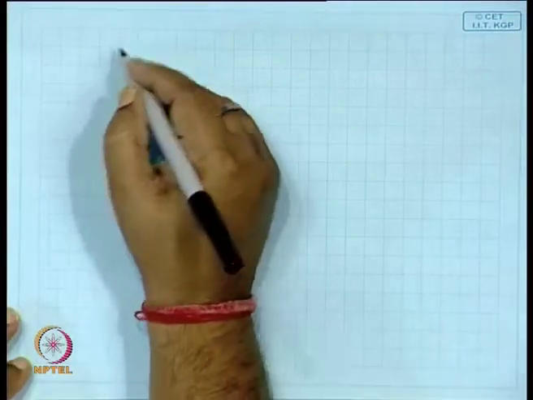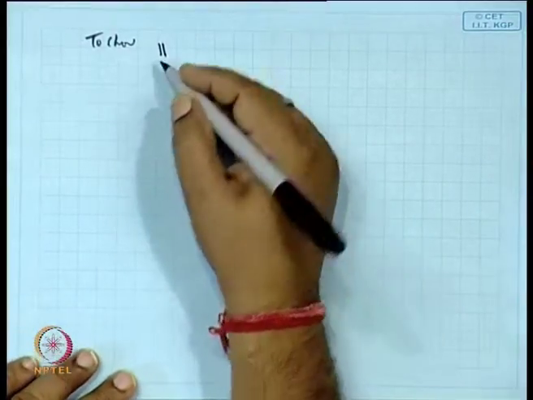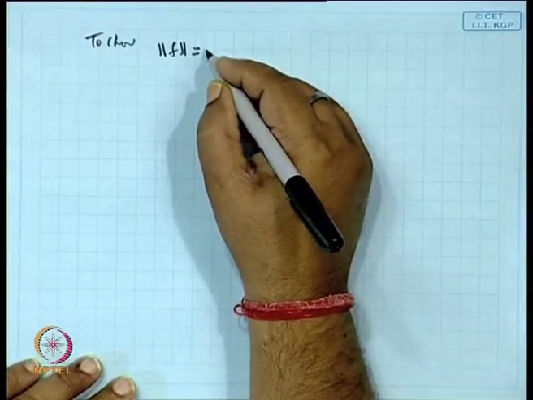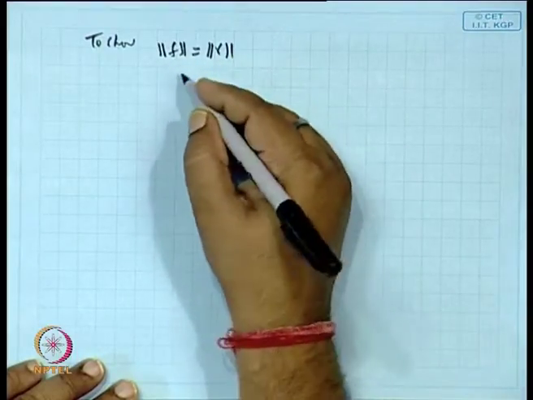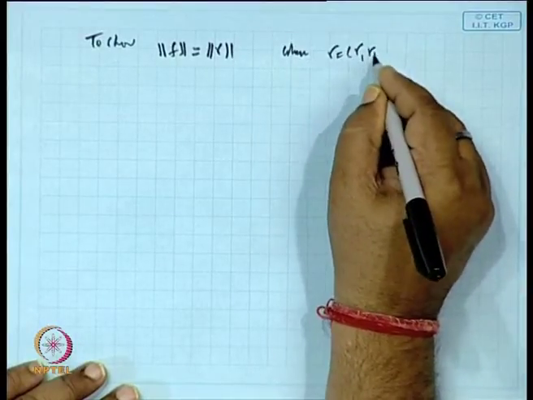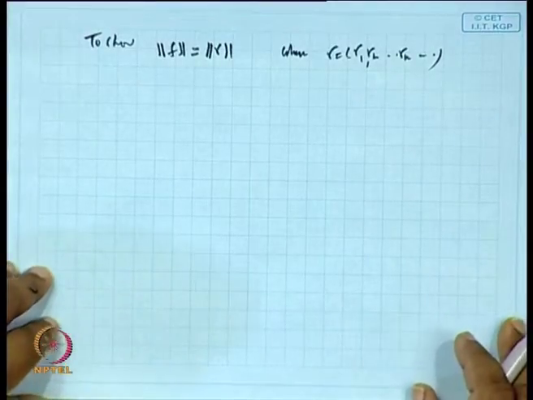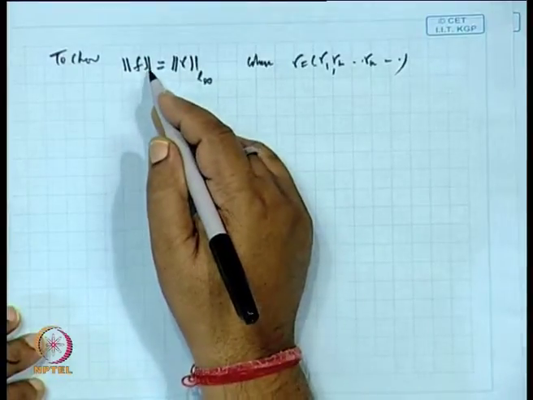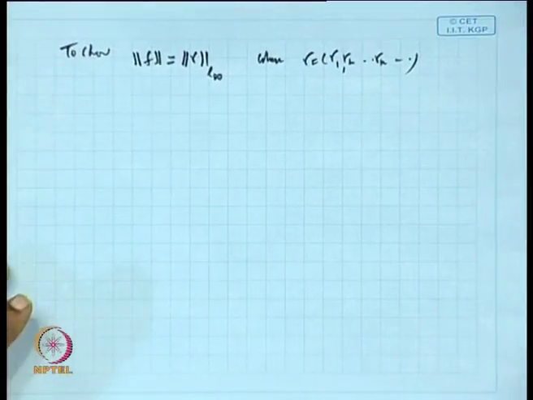We have to show norm of f equal to norm of gamma, where gamma is gamma 1 and so on. This preserves the norm. So, this is the norm on L infinity and here it is the norm on L1 dual.